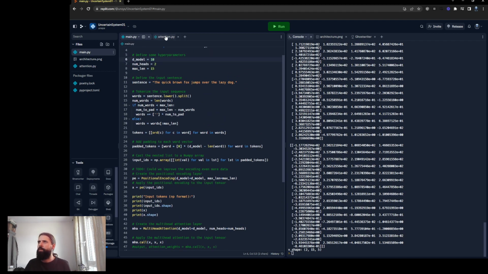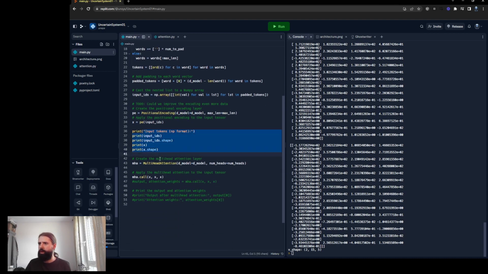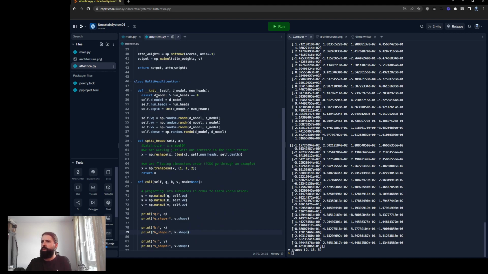So tokenize, and then what are we doing here? Then we do multi-head attention and call it. The multi-head attention does the initialization of these Q, K, and V things.